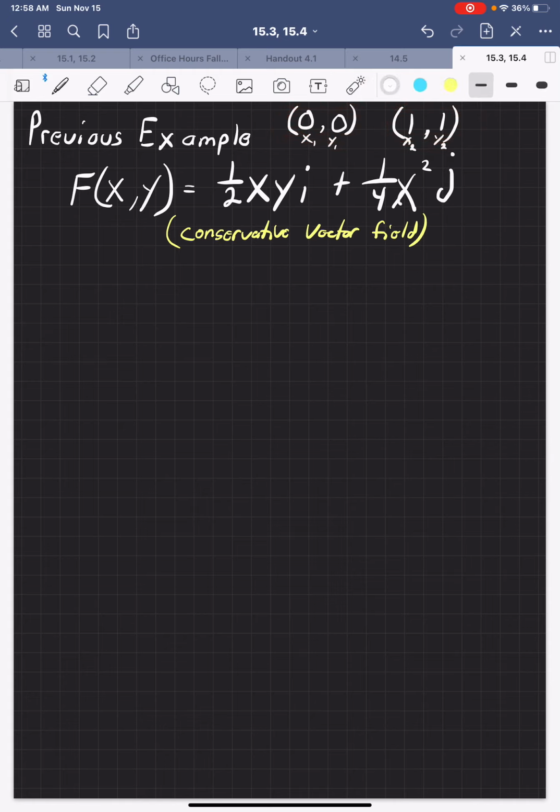Now, I need you to recall that when we say conservative vector field, that means that there is some potential function out there whose gradient is equal to the vector field.